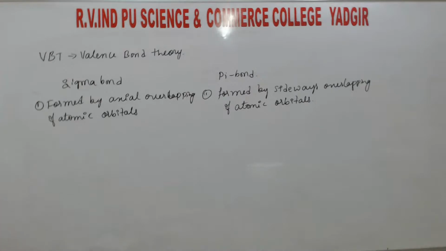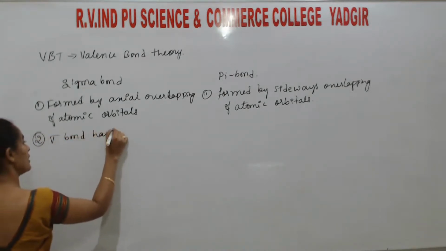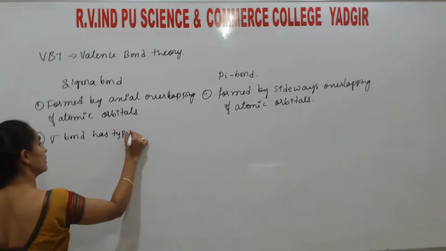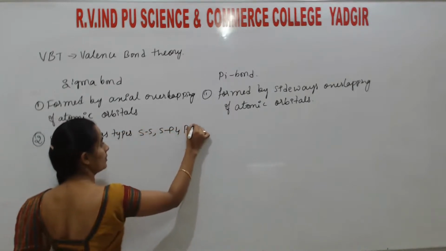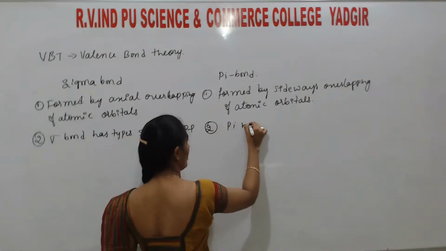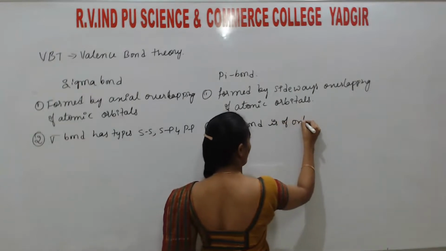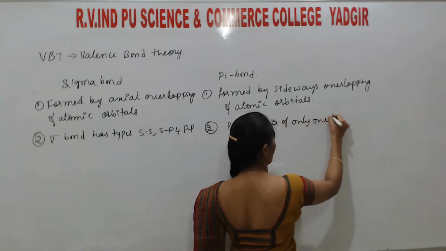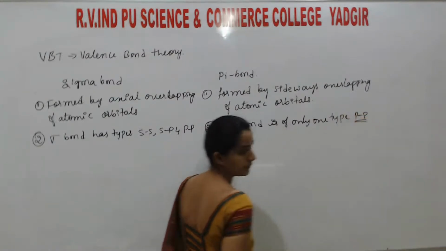Okay, next: sigma bond has types ss, sp and pp. Pi bond is of only one type, that is pp.